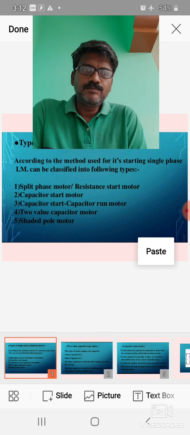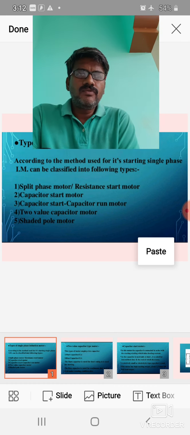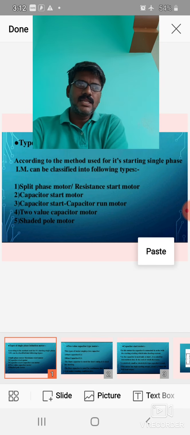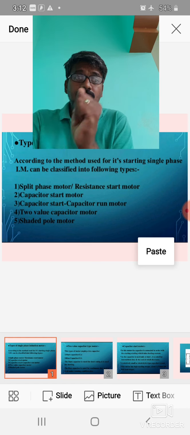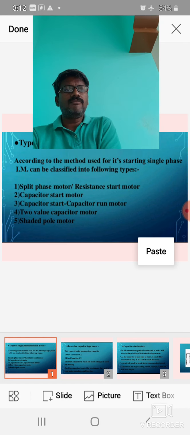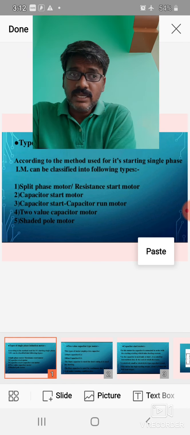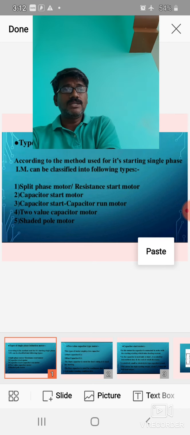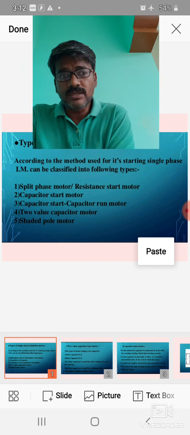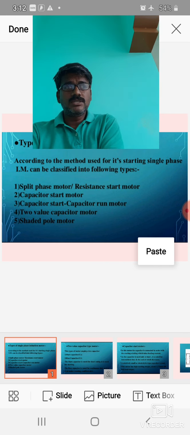The main advantage of connecting a capacitor in series with the starting winding is very high starting torque. Where high starting torque is required, such as in lifts and hoists, we use a capacitor start motor.